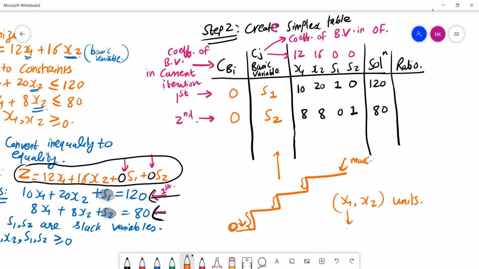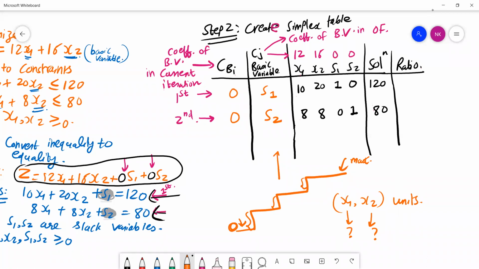So we just say that, in the very first step, x1 and x2 are not contributing in our objective value. Start with that assumption.